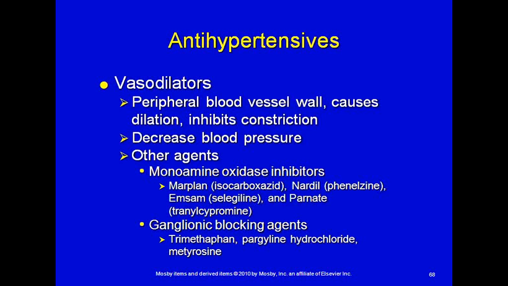Other agents that may lower the blood pressure include your MAOIs, your monoamine oxidase inhibitors. There's a list of them there. And then some ganglionic blocking agents, and there's a list of those as well. They're not common. You certainly don't see a lot of people on these specifically to drop their blood pressure. It's more of an afterthought.